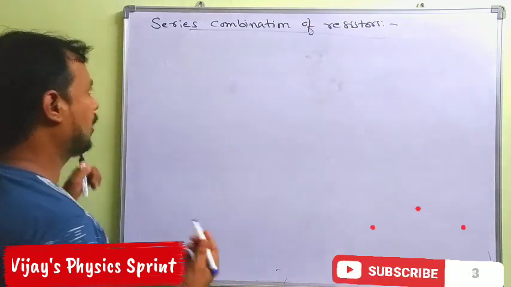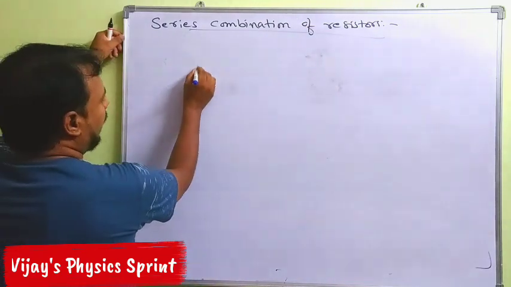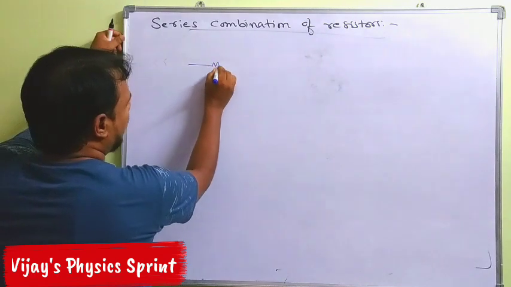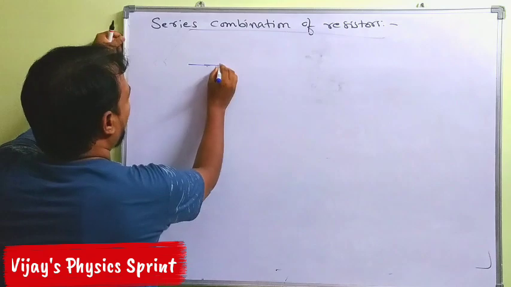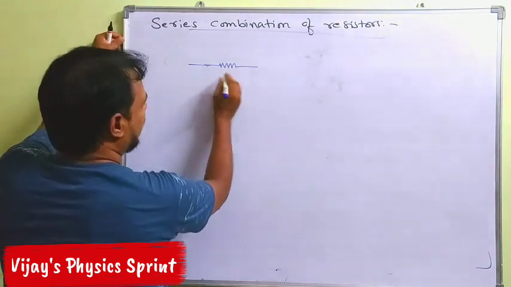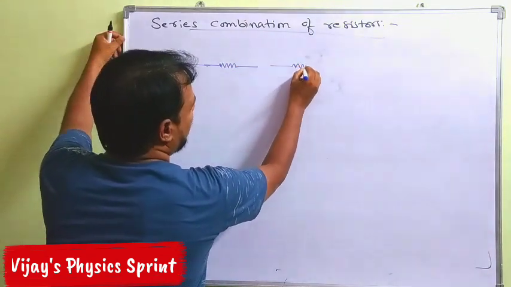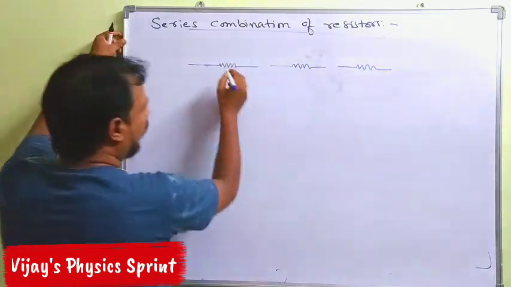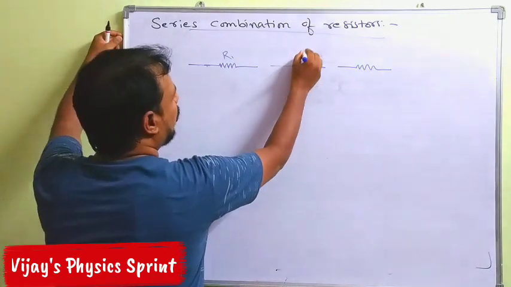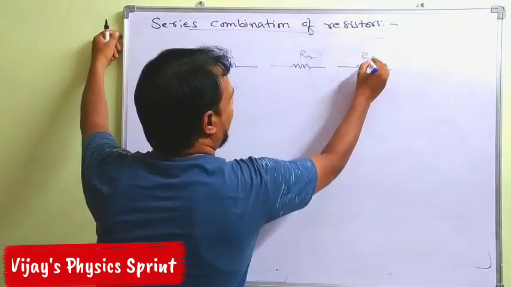So in series combination, this is the resistor. First resistor, second resistor and third resistor, R1, R2 and as well as R3.